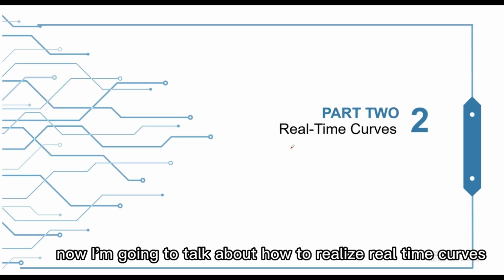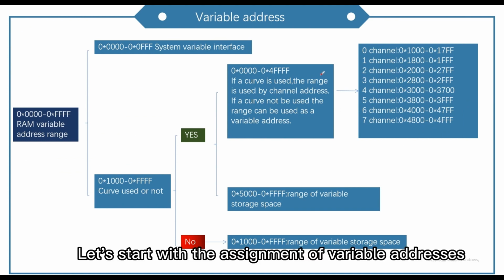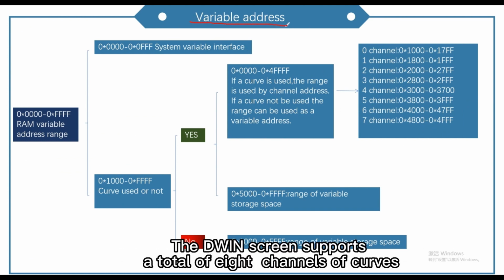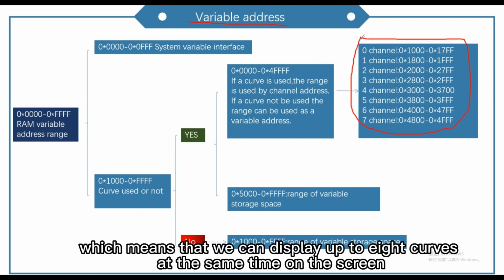Now I'm going to talk about how to realize real-time curves. Let's start with the assignment of variable addresses. The DWIN screen supports a total of 8 channels of curves, which means that we can display up to 8 curves at the same time on the screen.